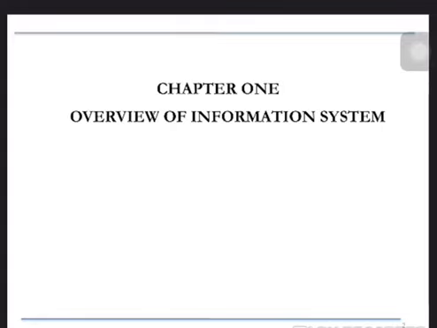The main purpose or goal of such an information system course at the MBA level is to improve the decision making ability of managers, or to improve the decision making capability of managers.